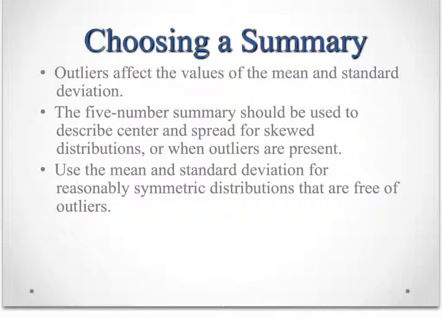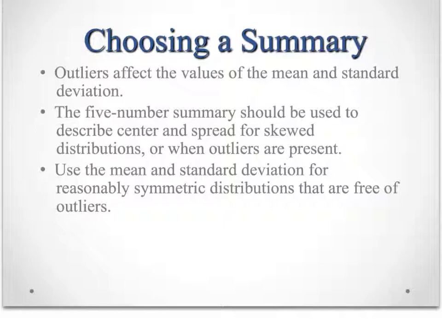Now, the last thing I want to talk about is how you would choose which measure of central tendency and which measure of spread you use to describe a data set numerically. The key thing to remember is that outliers affect the values of the mean and the standard deviation. Those are not what we call resistant numbers, so they don't resist the influence of an outlier.